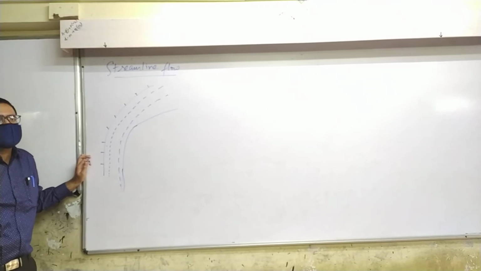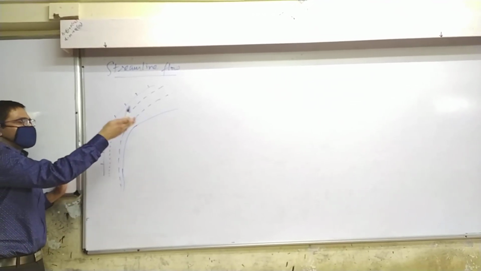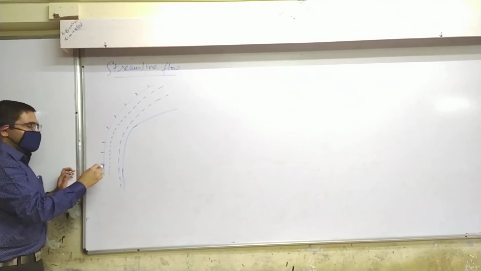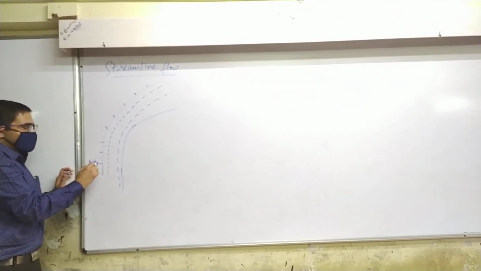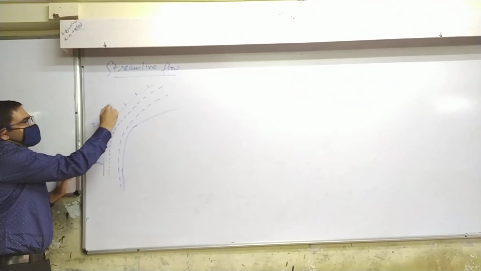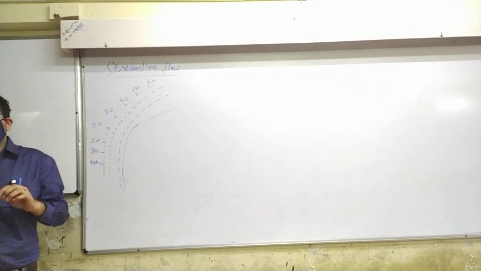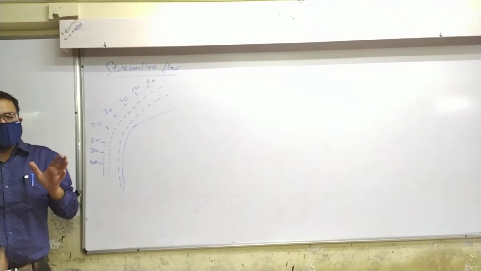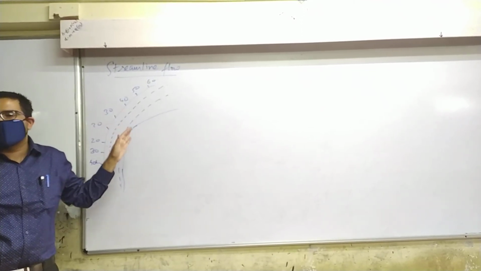Let's say here the prescribed speed is, for example, 40 kilometers per hour. Then 30 over here, 20 over here, 20 over here, 30, 40, 50, and now you can go further. See, again, it's not about can, it's about must.